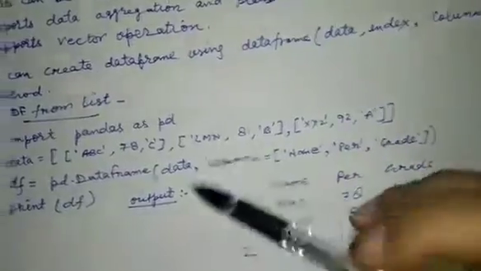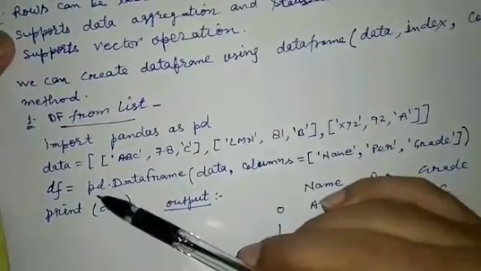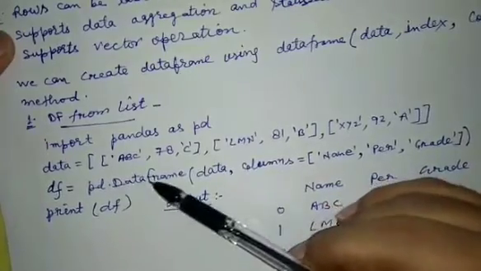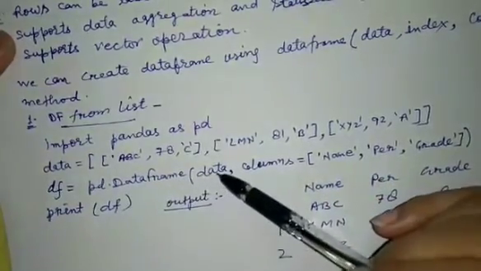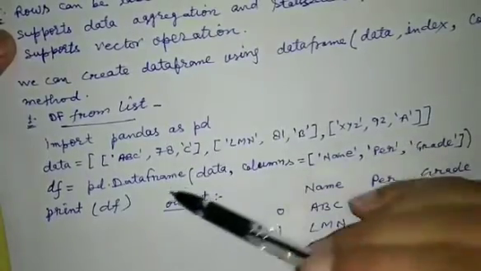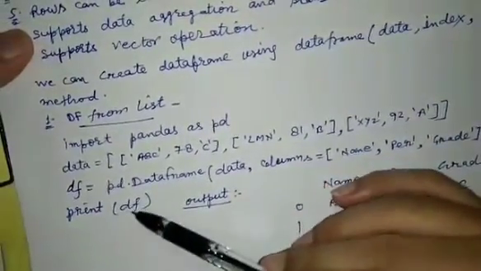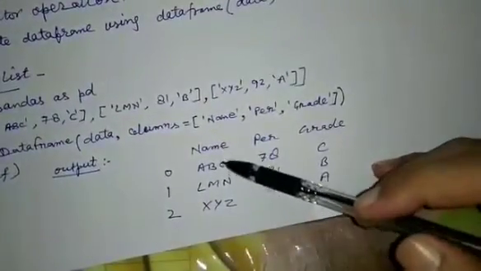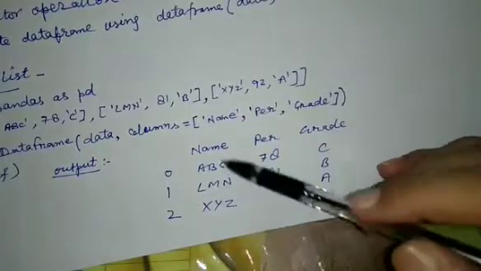So how do we create a data frame? Use the pandas object's DataFrame method. The first argument is the data and the second argument is the column names. If you print this data frame, then you will get the following output.